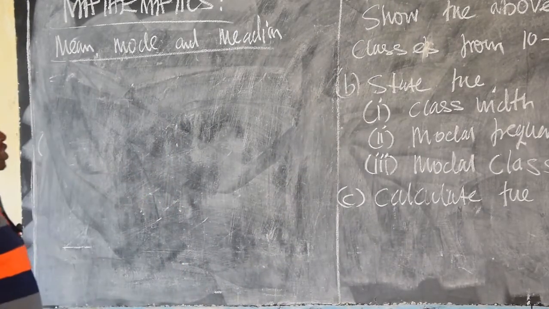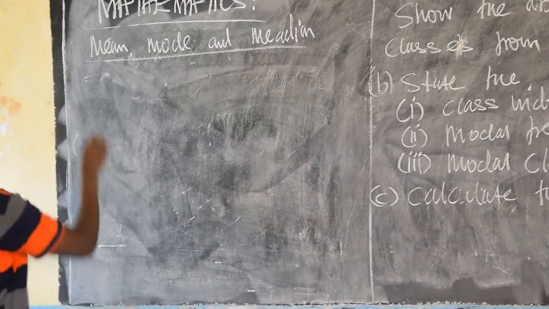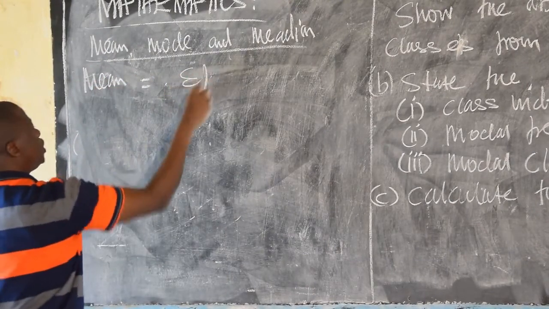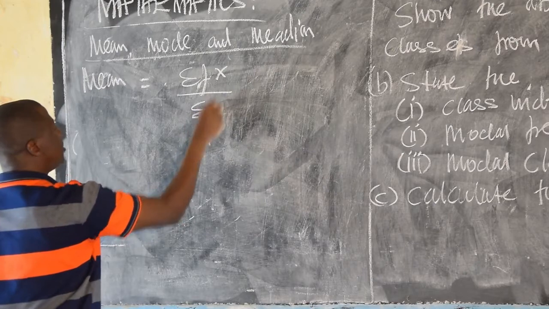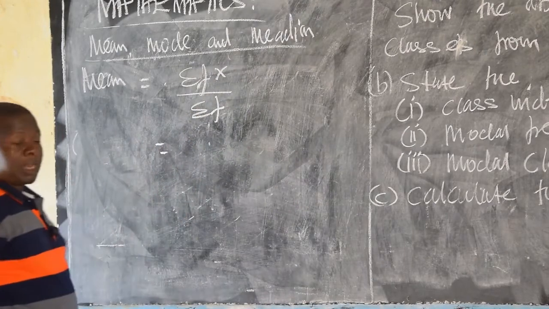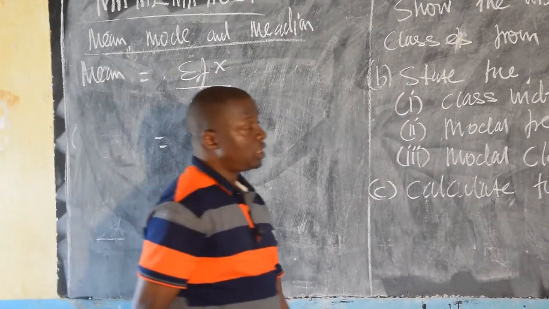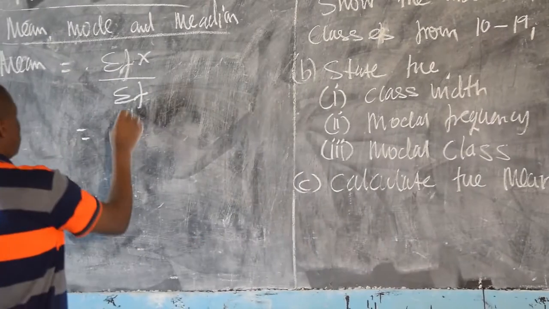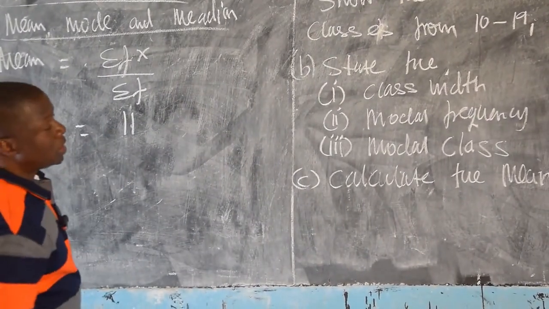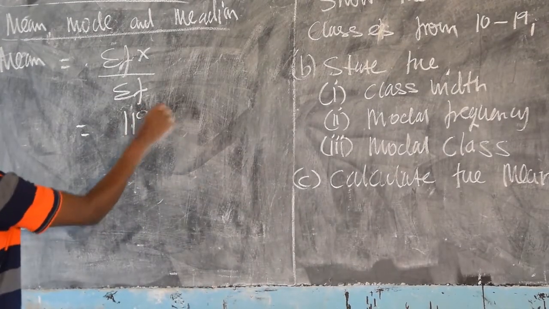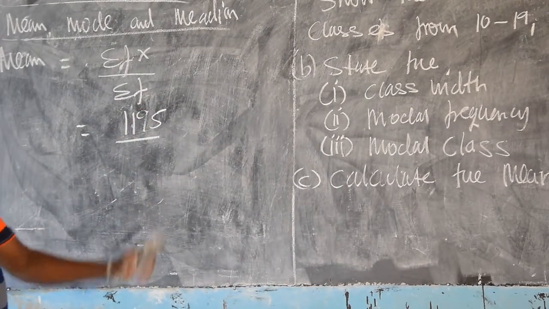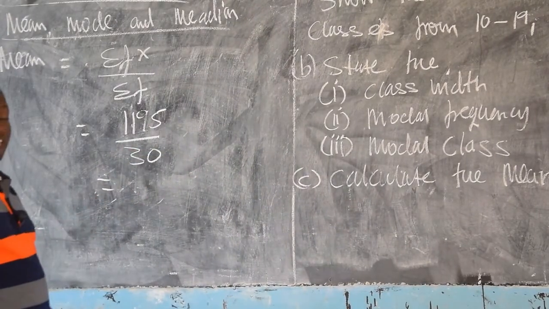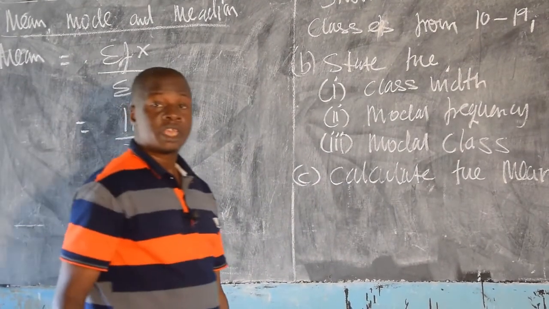When you are calculating the mean, we say that mean equals summation fx divided by summation f. As for summation fx, when you observe, it is 1195 divided by the frequency. Our frequency is 30.